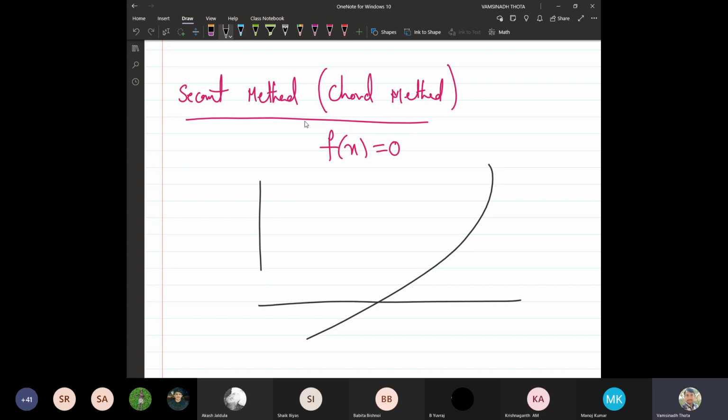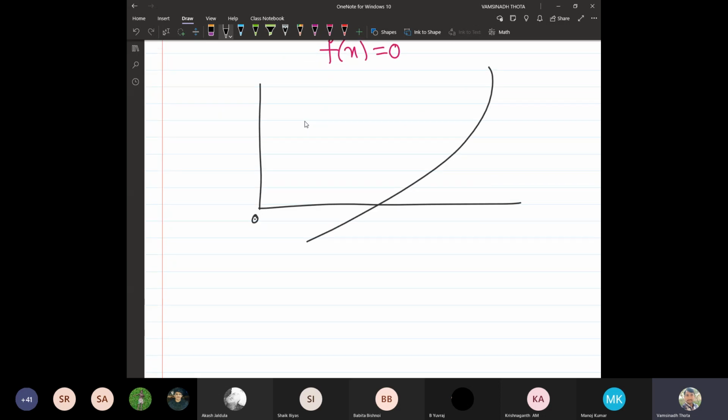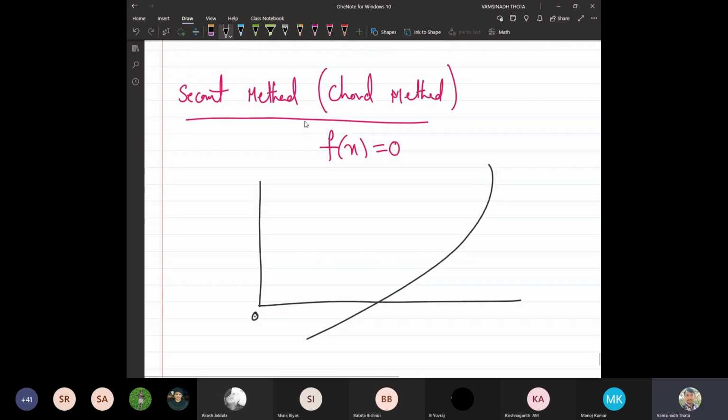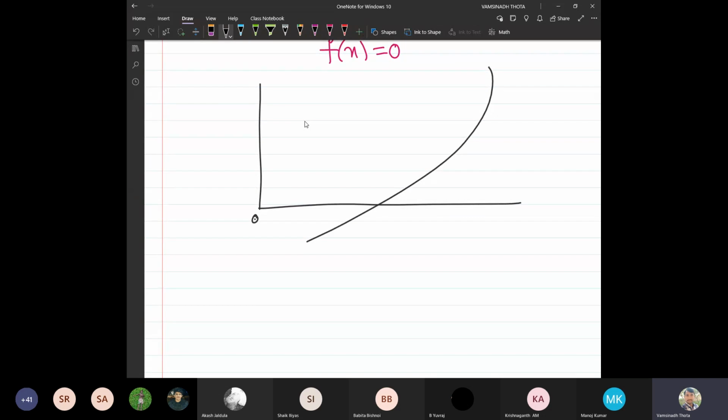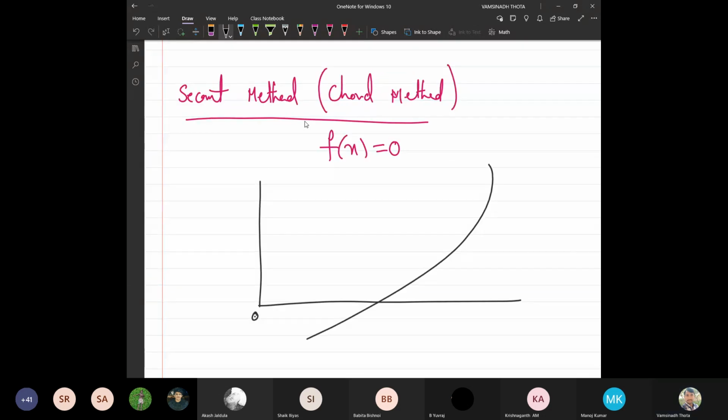Assume that this is 0, and we have something here, a comma b. By the graph, you can say that this is the root.